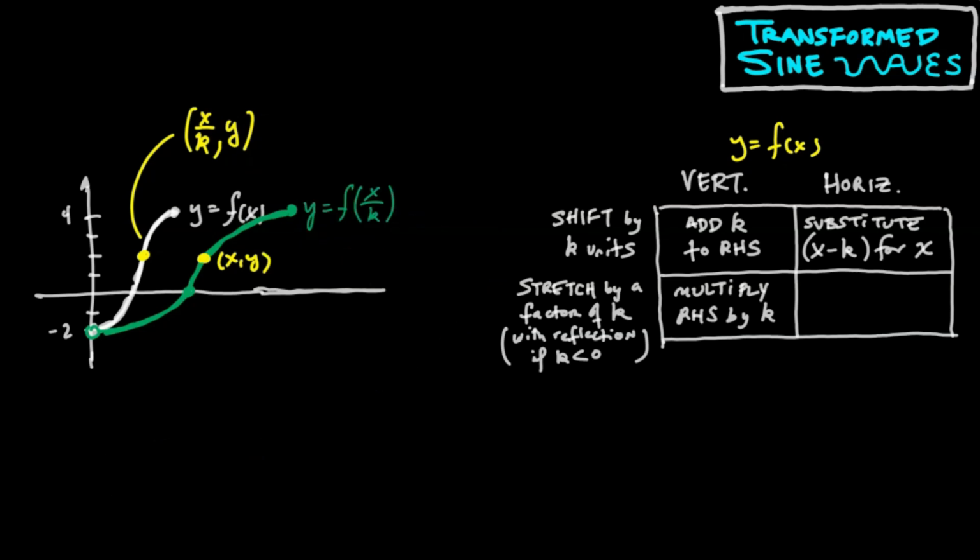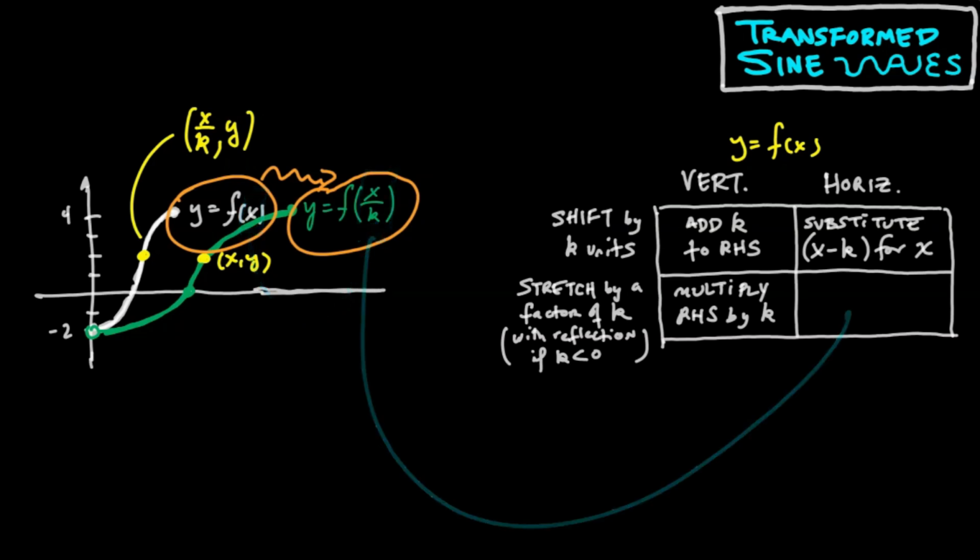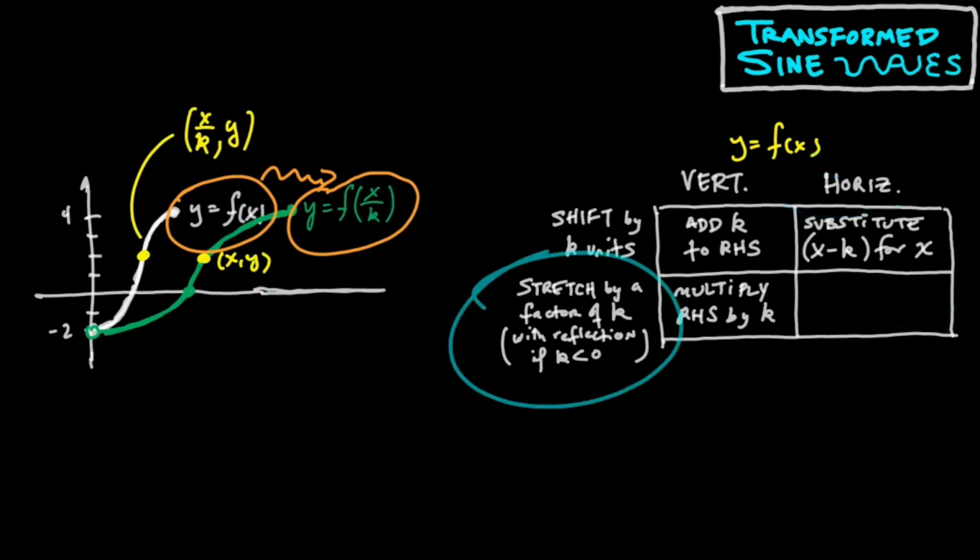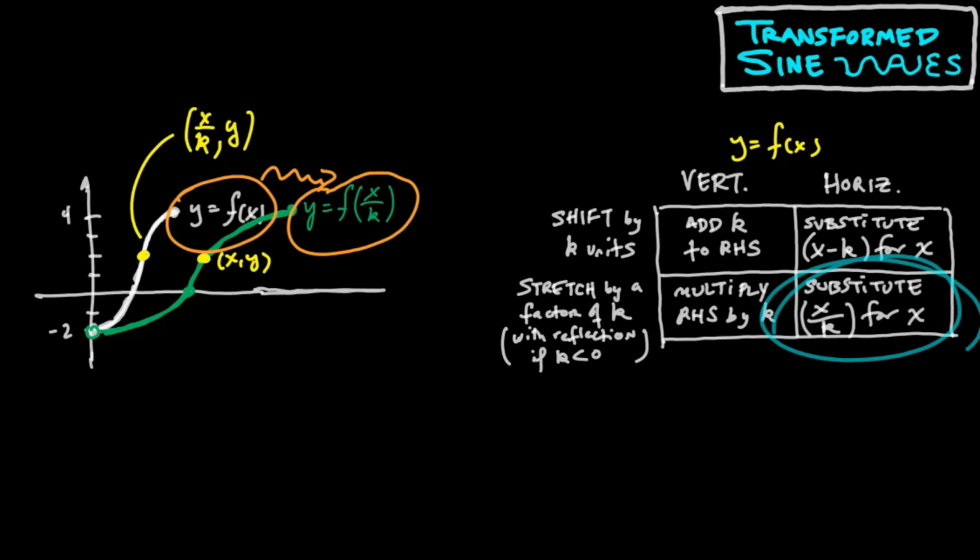So algebraically, how do I get from the equation of the original curve to the equation of the stretched curve? Well, of course, you can see it. You're staring at it. Everywhere I have an x in my original, I'm just going to substitute in x divided by k. And that is the algebraic transformation corresponding to a horizontal stretch by a factor of k. We are going to substitute x divided by k for x.